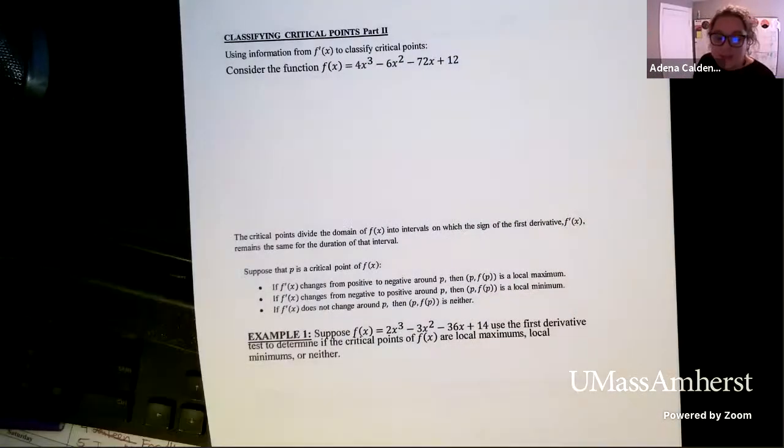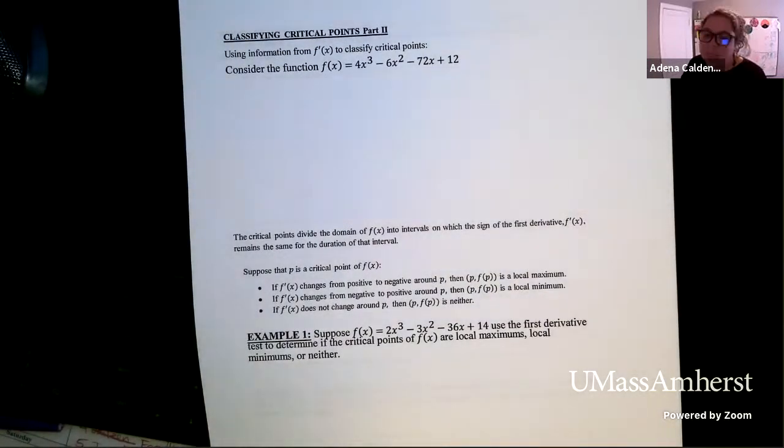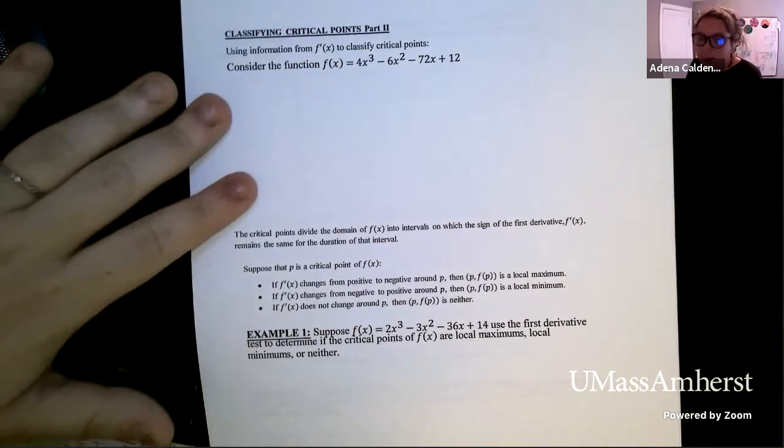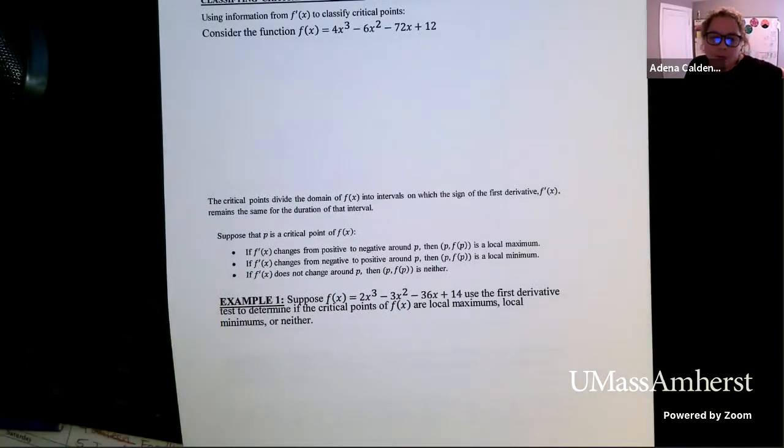So again, the test that you choose to use to classify the critical points really depends on the information you have. Sometimes you can choose any of the tests and you'll be fine. And sometimes you sort of have to use one of them based on what you're given. So what does the first derivative test look like? We're going to do an example in a minute, but let's look at the rules that we're going to use for the first derivative test.